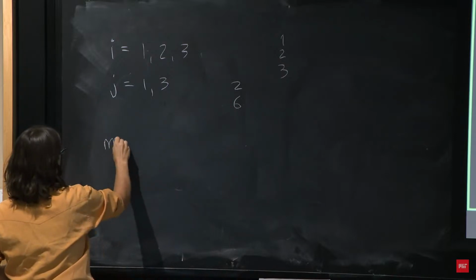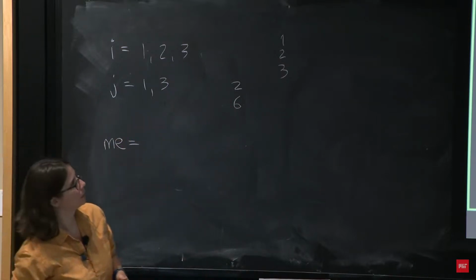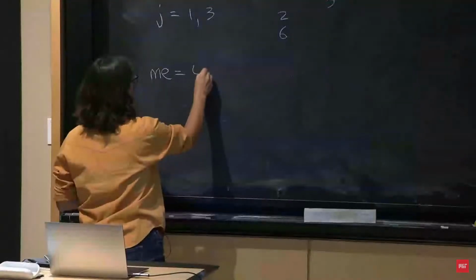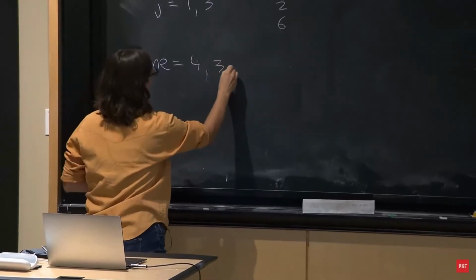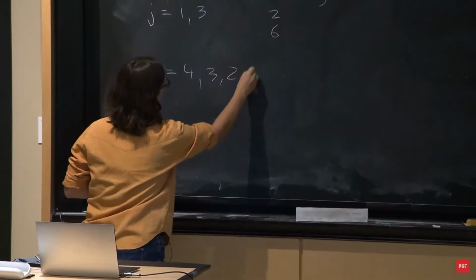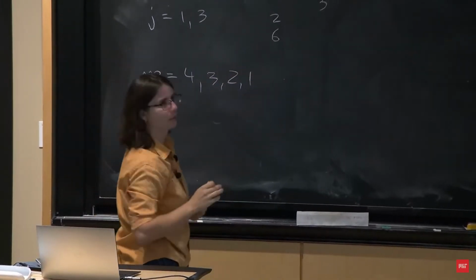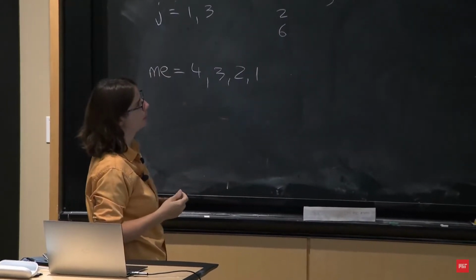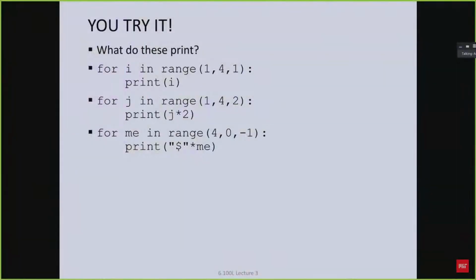And how about the last one? We're stepping backward, right? The -1. So what's our start? 4, and then 3, 2, 1. And that's it. We're going down to, but not including the end, right? So we're not going to include the 0. And what are we printing here?